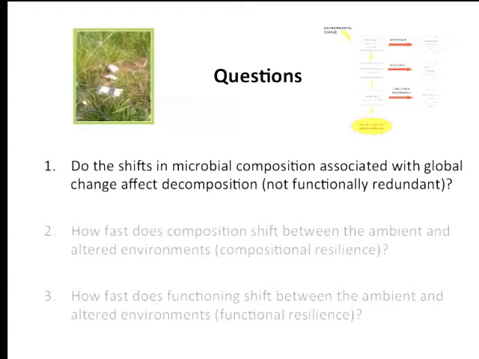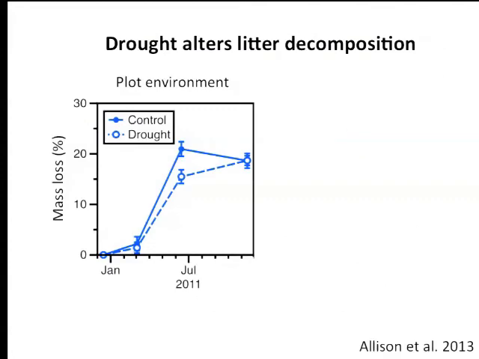And so that to me would be answering that question of are these communities functionally redundant, the communities in the ambient and the drought plots. We see there's a compositional difference. It's not big, remember, because the temporal variability is really high. But there is a difference in composition. Does that affect functioning?